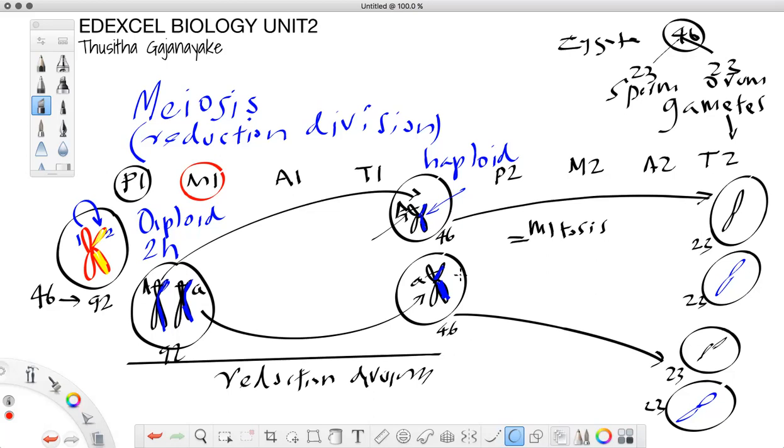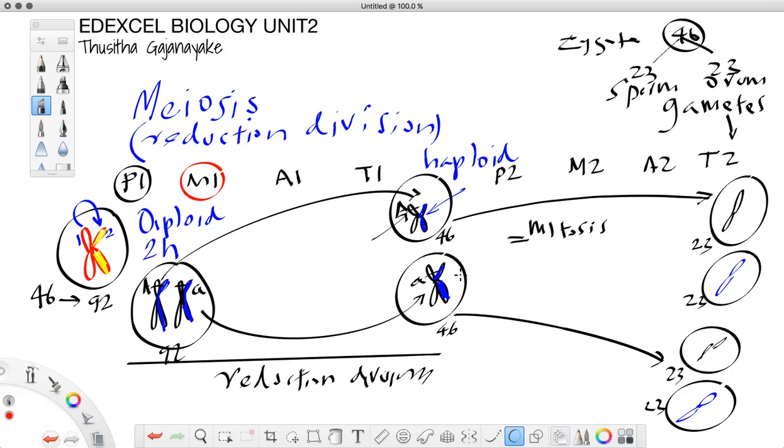Always when it forms gametes, the homologous chromosomes separate. But if this happened exactly the same way, there would be no variation among the siblings, because the fathers and mothers have the same genetic information, and whenever they make gametes, half goes to one cell and half goes to the other.